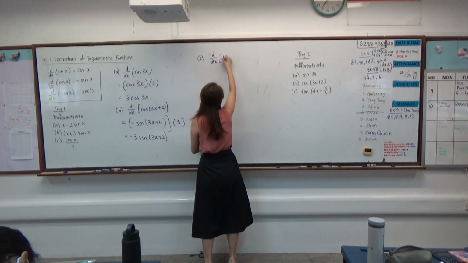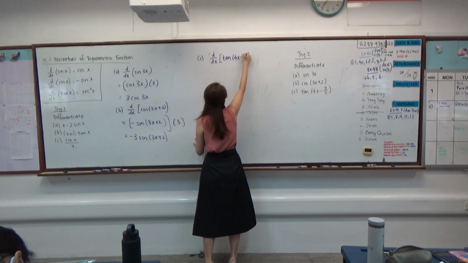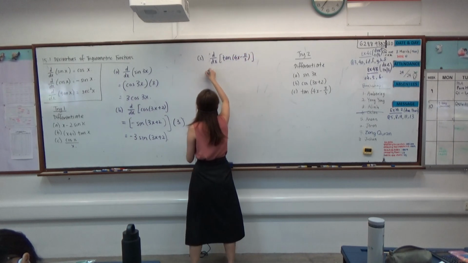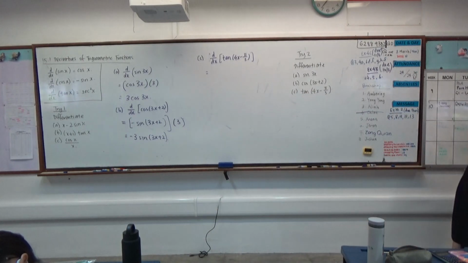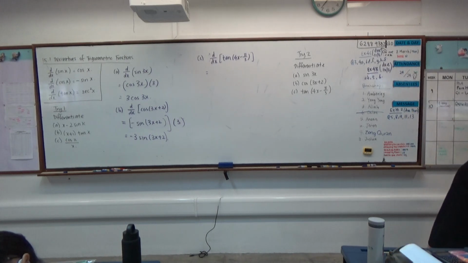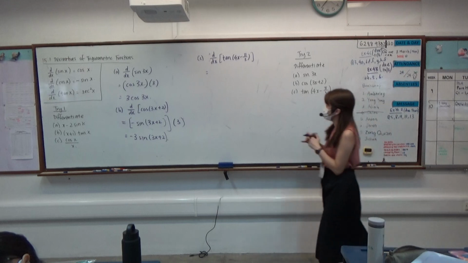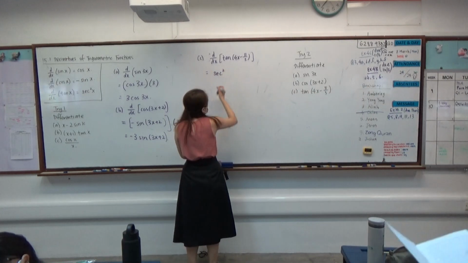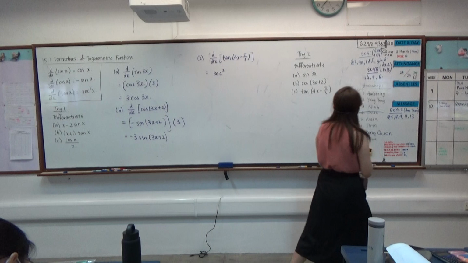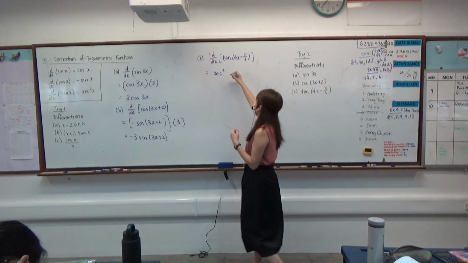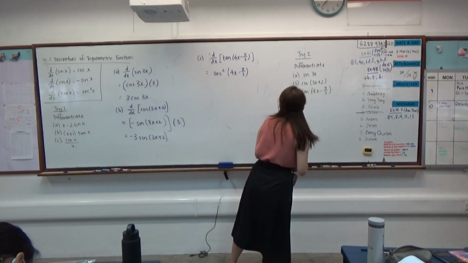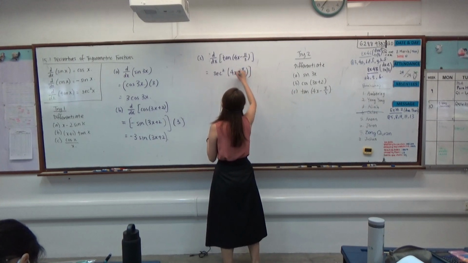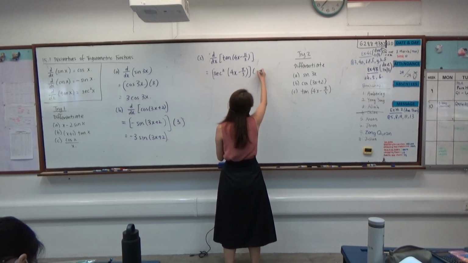Then one last one, differentiate tangent 4x minus pi over 3. What do you think the answer is? Differentiate tangent, we are going to get secant squared, bracket 4x minus pi over 3, times 4.